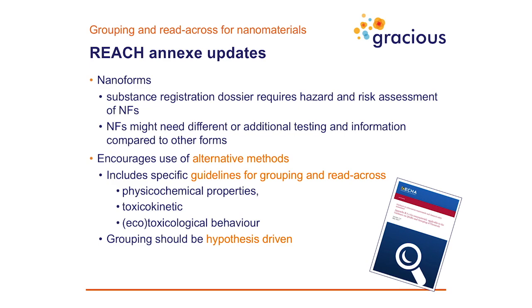And there are guidelines for grouping and read across within these REACH annexes, which state that grouping and read across require consideration of physicochemical properties, toxicokinetics, and the hazard, both human and environmental hazard, of these nanoforms. Importantly, these annexes state that grouping should be hypothesis-driven, and so the Gracious framework is underpinned by generation of hypotheses that can be tested to support grouping and read across.